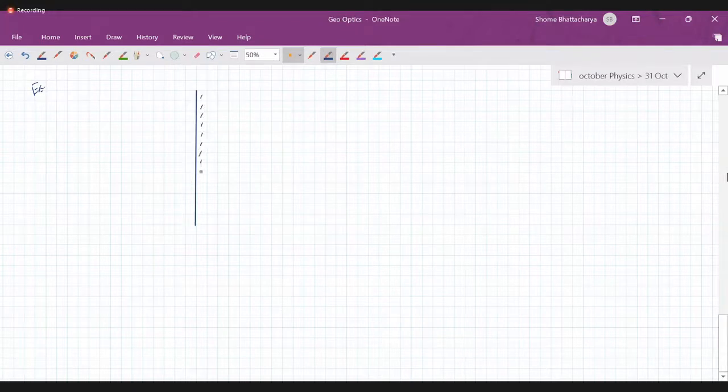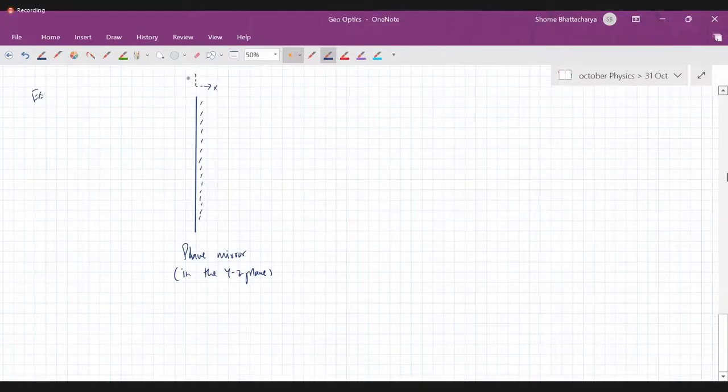Okay. So this is a plane mirror, which I'm taking, suppose, in the YZ plane. Because I'm taking this as my x-axis and this as my y-axis.